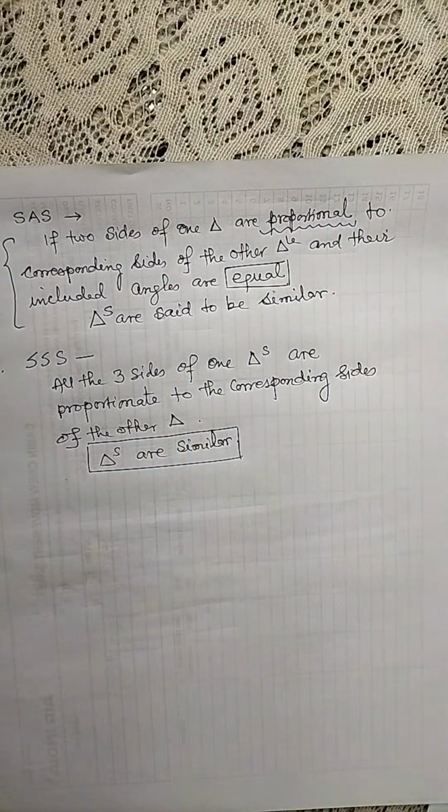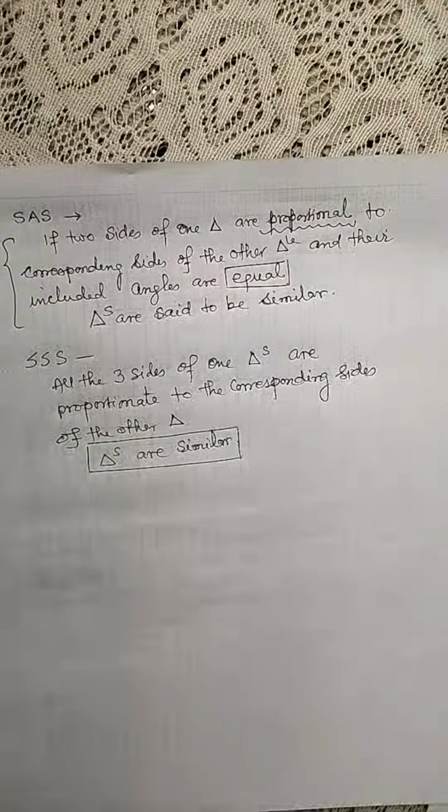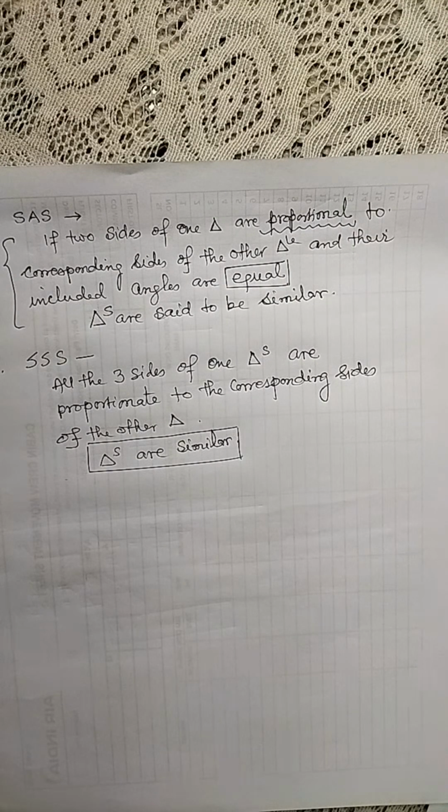ये 3 important क्राइटेरिया हैं जो हम प्रॉब्लम सॉल्विंग के समय अप्लाई करेंगे, और ज़्यादातर थ्योरी सिमिलर ट्रायंगल्स के बारे में सिर्फ इतना ही है, और इसके बेस पर आपकी बुक में there are 3 exercises. 6.1, which is very basic, contains very few questions, fill in the blanks and short objective questions.